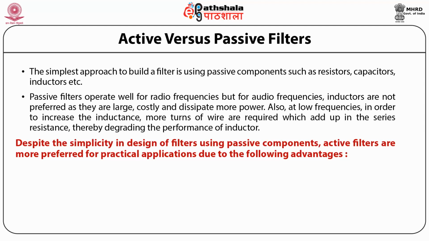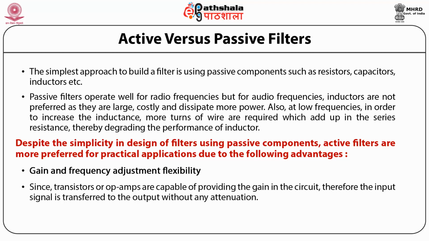Despite the simplicity in design of filters using passive components, active filters are more preferred for practical applications due to the following advantages. First is gain and frequency adjustment flexibility.